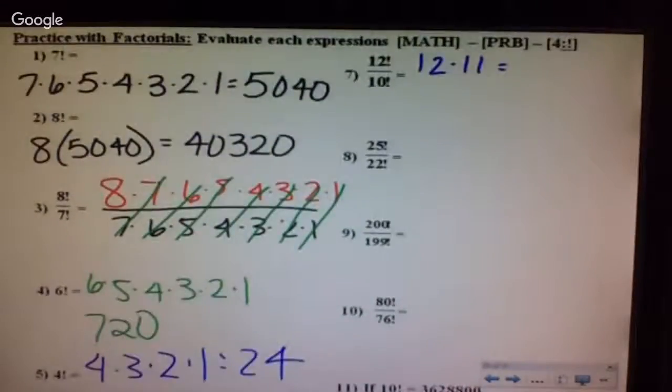Let's finish 7 first. So when I do 7, the top becomes 12 times 11, and I can stop there, because in the bottom, I've got 10 factorial, which means my 10, 9, 8, 7 are going to cancel. So I can stop at 12 times 11, which becomes 132.